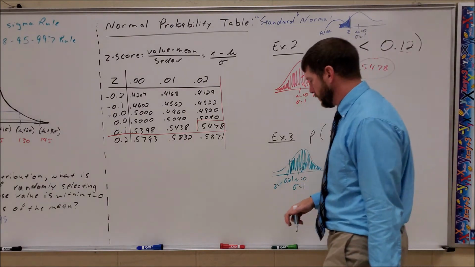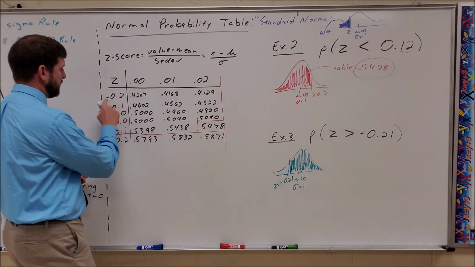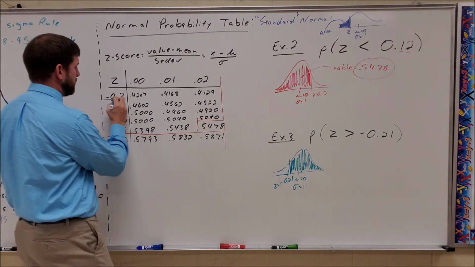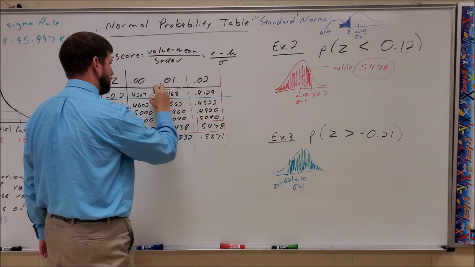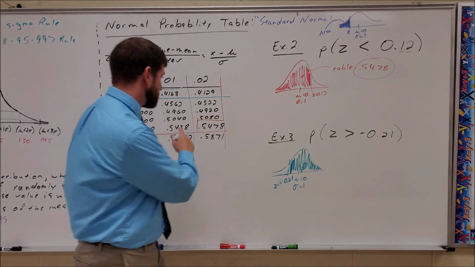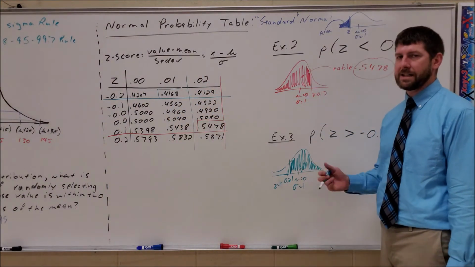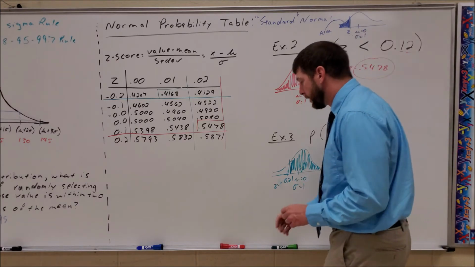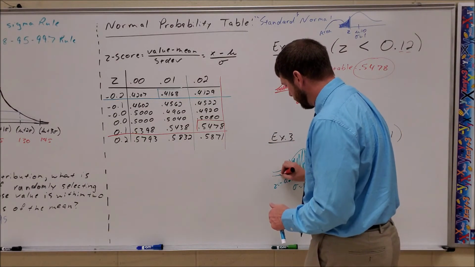Well, if I go to the table and I find negative 0.21, that's what the table gives me. Well, that's not over 50%, but on the graph we can see it's supposed to be over 50%. That's because the table only gives left-hand stuff.